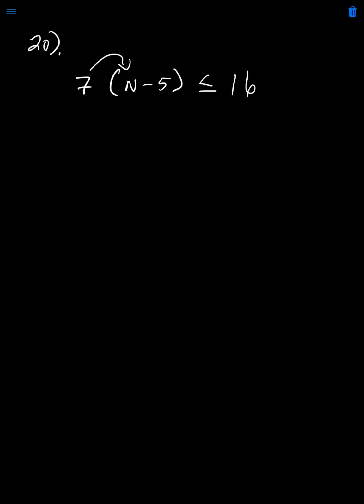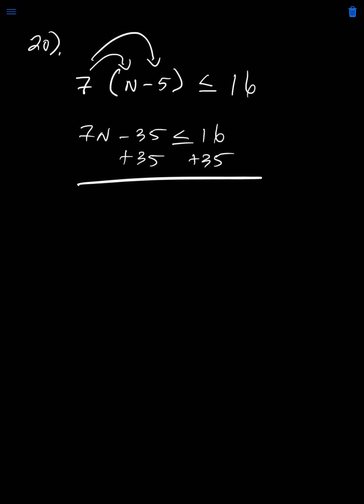And then the last one, number 20. 7 times a number minus 5 is less than or equal to 16. Again, distribute. 7n, negative 35 is less than or equal to 16. Add 35 on both sides. 7n is less than or equal to, so make sure I do my math correctly. 35 plus 16.